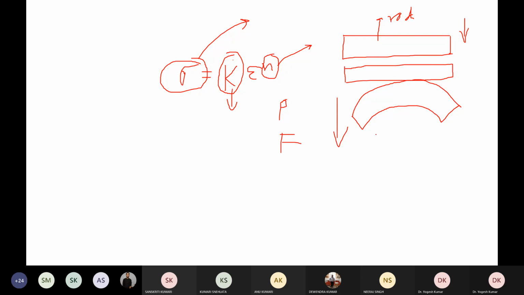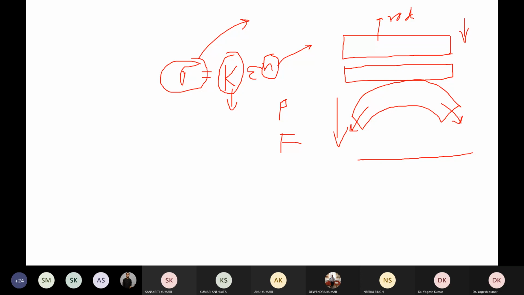And if your force is sufficient, then your scale may bend like this, or any metal bar, if you have it, may bend like this. So what will happen? Suppose after the application of force, your material is in this form, in this particular state, and if you release your force, there will be some kind of deflection.